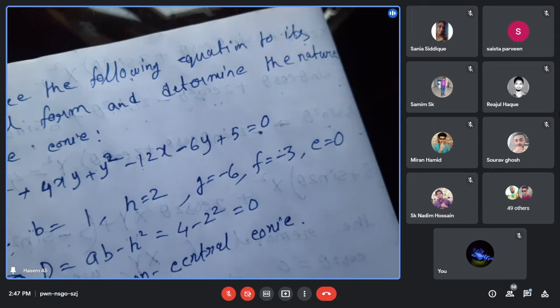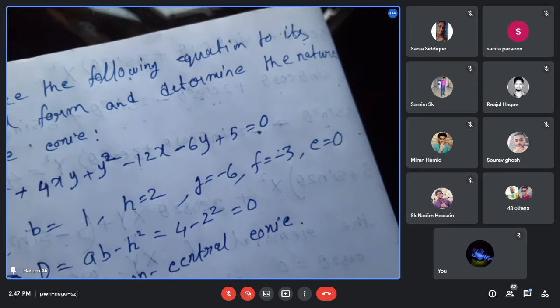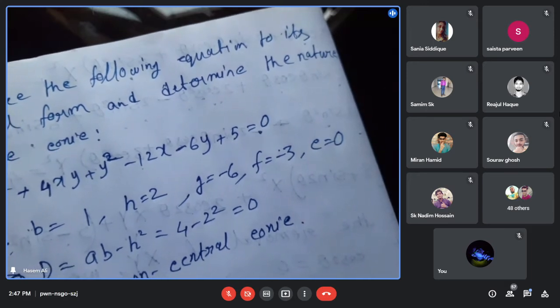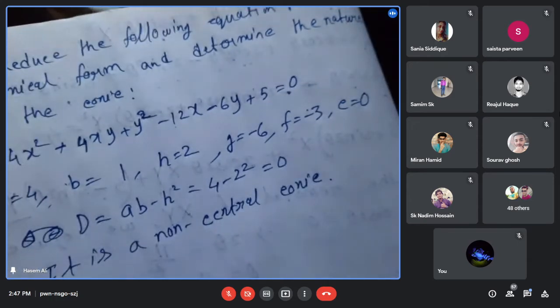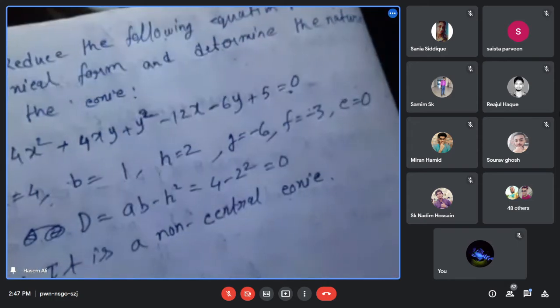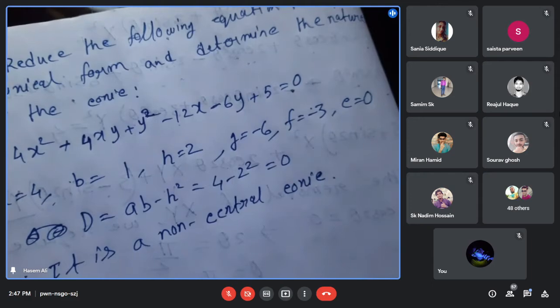And for this case, you don't need to shift the origin to some point. We just rotate the axis through an angle theta.